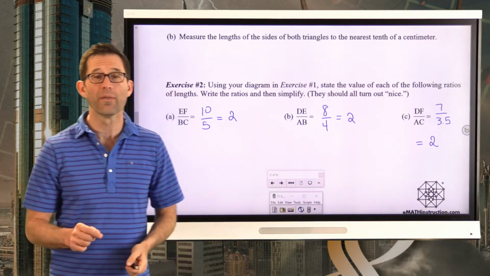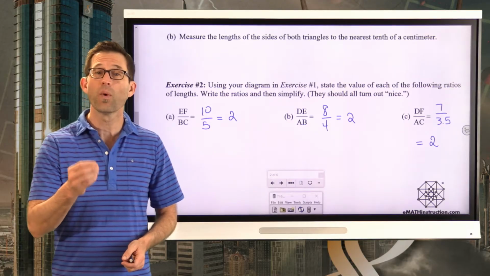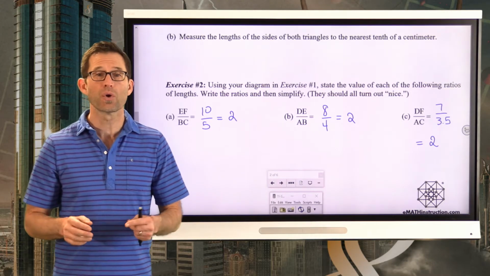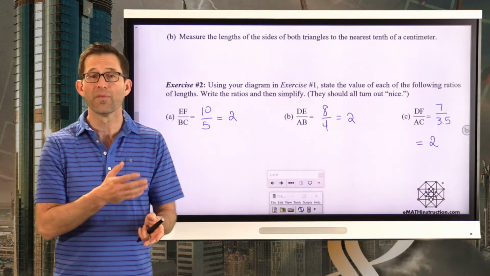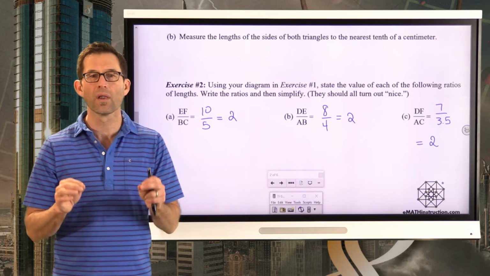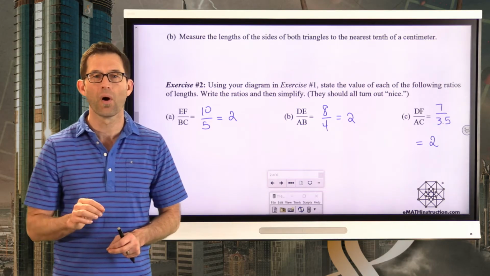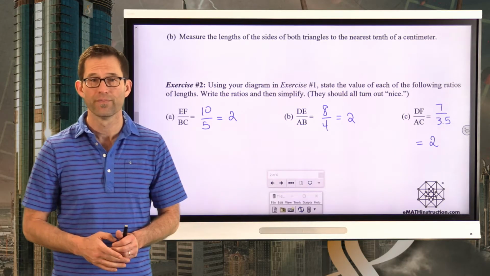I told you up front that this was a dilation with a scaling constant of 2. And that's what the scaling constant does. Sure, it moves all points twice as far from the center as where they started, but it also makes every single line segment twice as long as what it originally was, again, for a scale factor of 2.